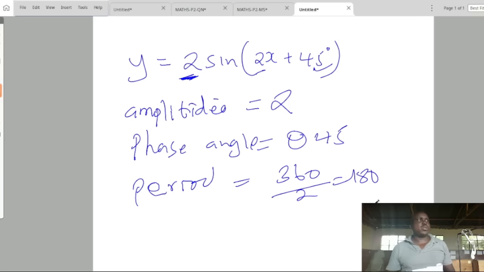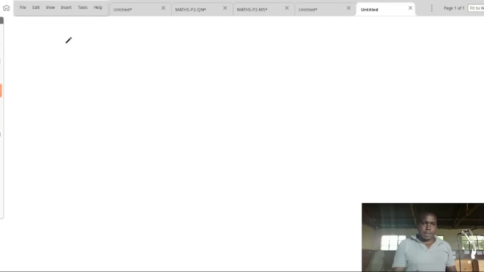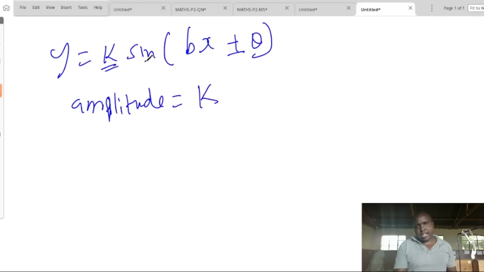So let me write the general equation and then I will show you what I'm talking about. If we have y is equal to k sine into bx minus or plus theta, plus or minus n, then the amplitude is equal to k, the number that comes before the sine, the tan, or the cos.